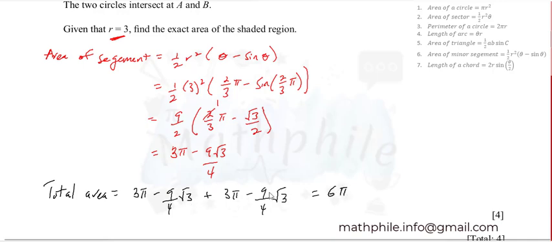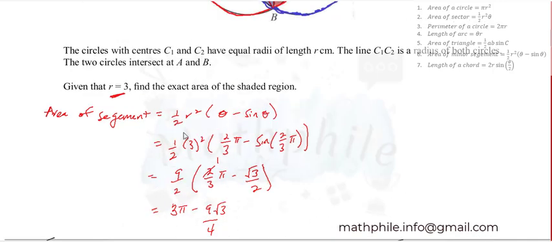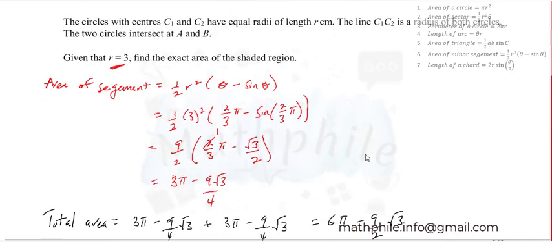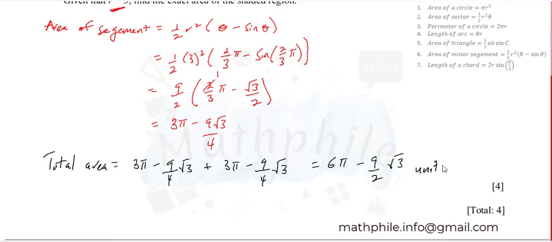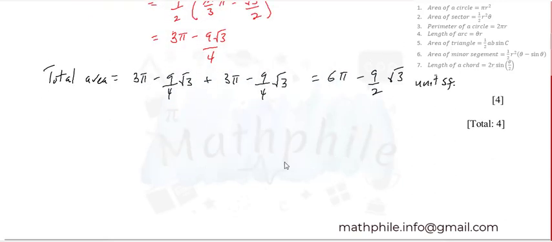Then 9 over 4 plus 9 over 4 is going to be 2 times 9 over 4. Therefore, that should give you 9 over 2, then that is √3. So the answer to the question should be this, and it should be in centimeters squared or units squared. This wasn't given a unit, so units squared. Okay, that is fine.